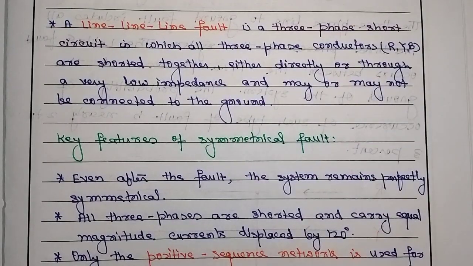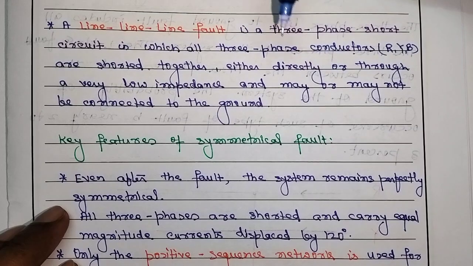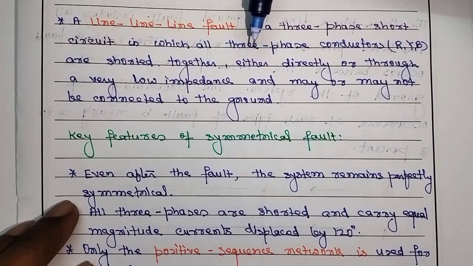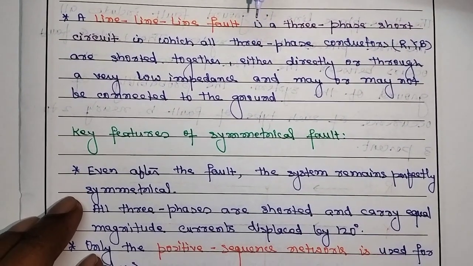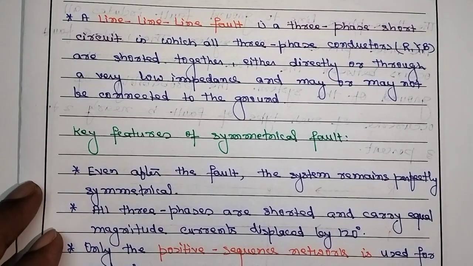Next point: it has a very low impedance and may or may not be connected to the ground. It is not connected to the ground in the case of these faults.